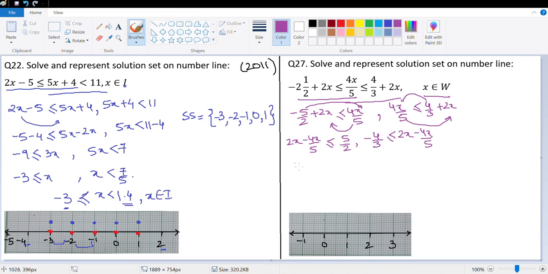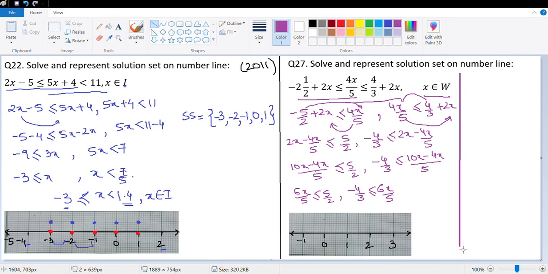This is 10x minus 4x upon 5 less than or equal to 5 upon 2, and negative 4 by 3 less than or equal to 10x minus 4x upon 5. So this is 6x upon 5 is less than or equal to 5 upon 2, and negative 4 upon 3 is less than or equal to 6x upon 5.